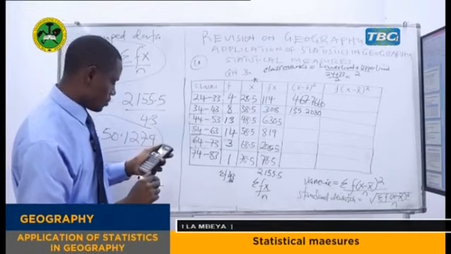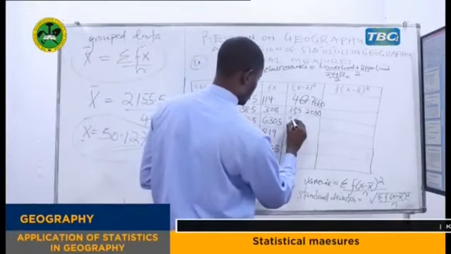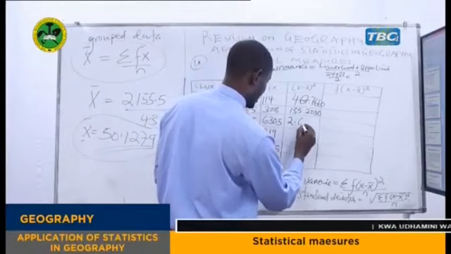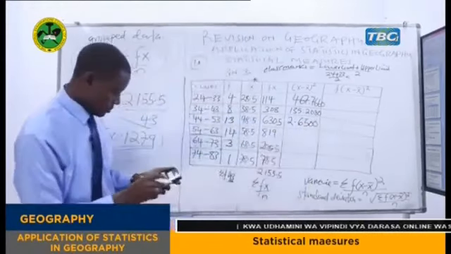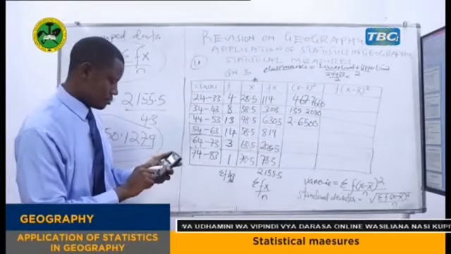Then we come up with 2.6500. Then we go for the next column, that is the bracket.